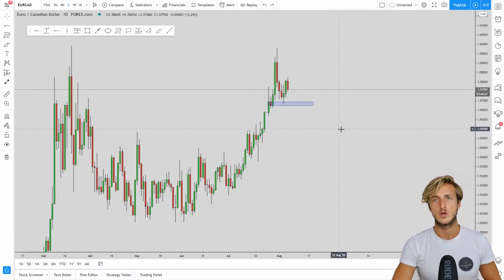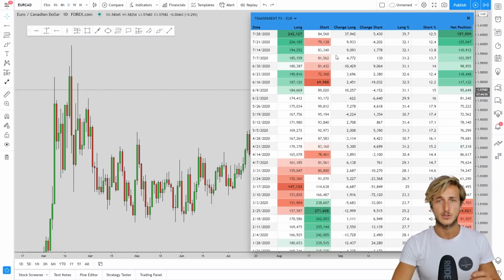Now, before I show you where is the next opportunity, let's first go and give a quick check at what we have from a COT perspective if we check the Euro and the CAD. Now, what we can see that institutions have been doing on the Euro. We see that we went from 147K longs all the way up to 242K long positions. So clearly a huge increase in the longs from a Euro perspective.